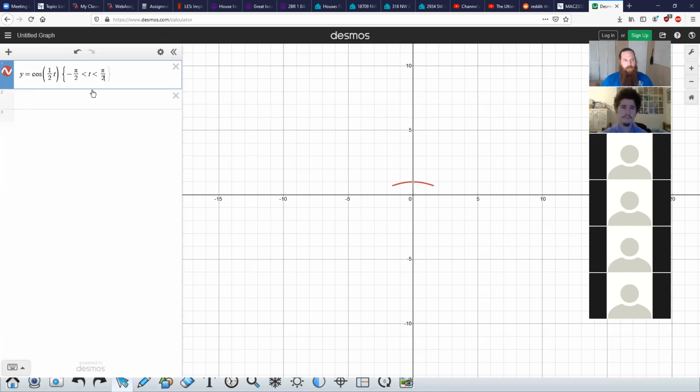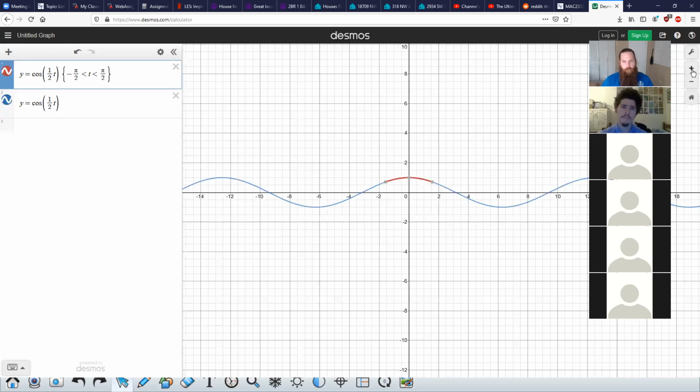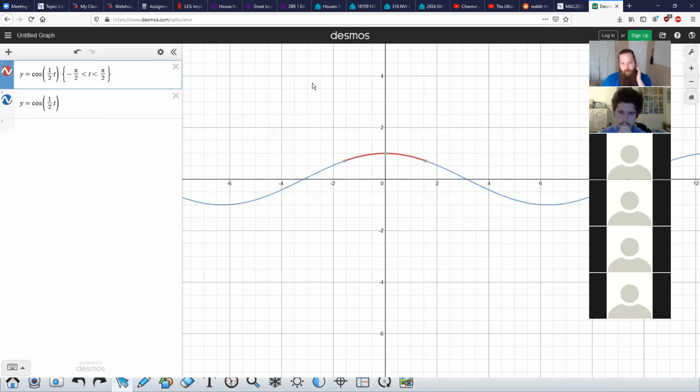That means I'm really looking at this part. I'm looking for the area bounded by this guy. So let me put the red on top. Right? The blue is the full graph of cos 1/2 t. And what we're saying when we want to integrate from -π/2 to π/2, I want to find the area under the red part of the curve, right?